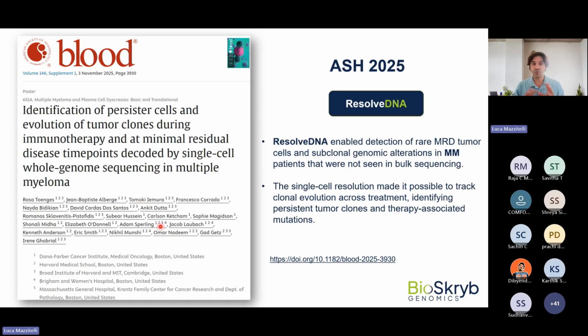This single cell approach brought this type of high resolution, making it possible to track the clonal evolution across the treatment, identifying persister tumor clones and therapy-associated mutation. And this is a recent abstract that was presented a few days ago at the American Society of Hematology.